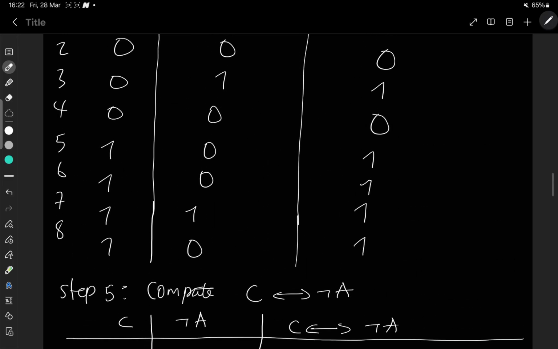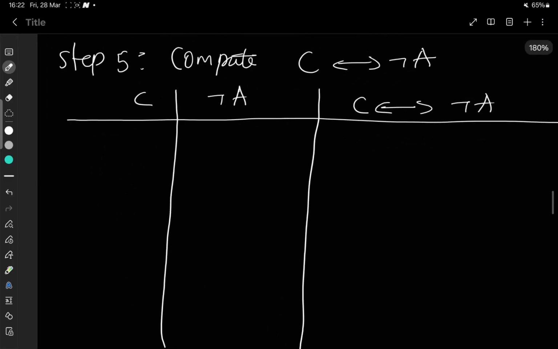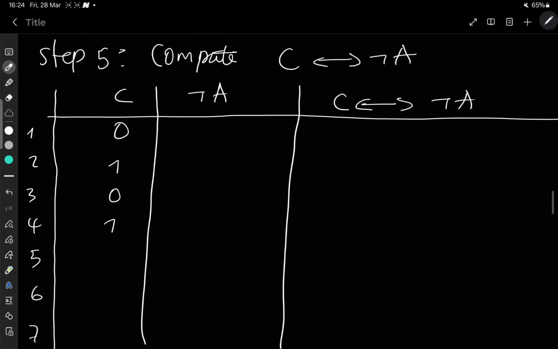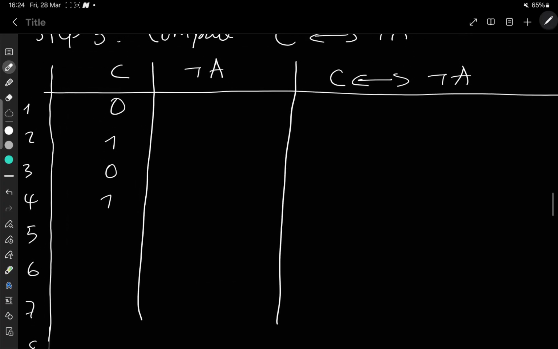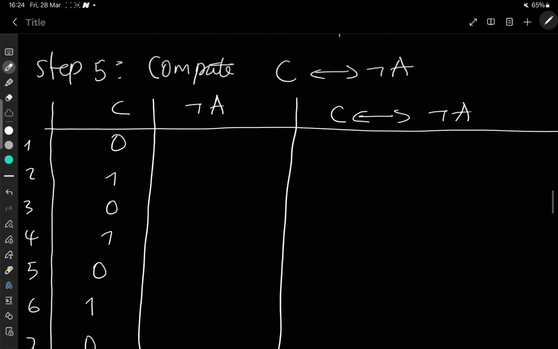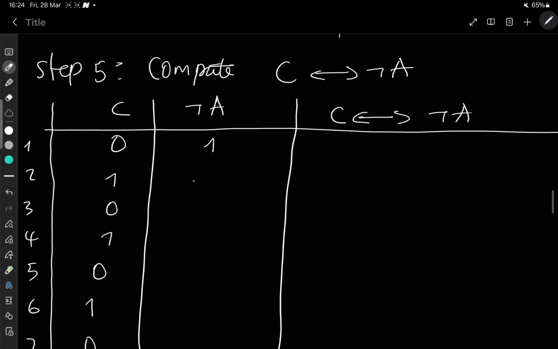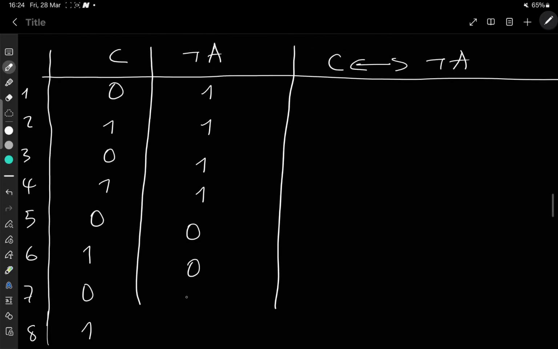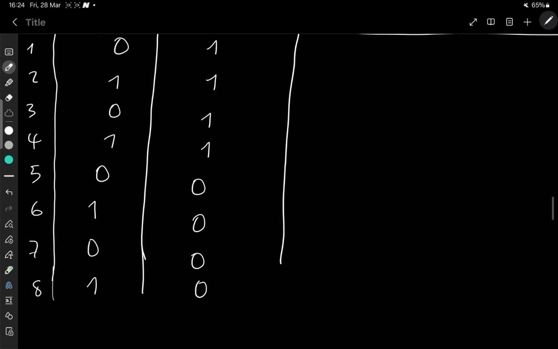Already from our previous step, we have obtained C to be 0 1 0 1. So we have from 4 1, then 5 is 0, 6 is 1, 7 is 0, and then 8 is 1. The negation of A was obtained to be 1 1 1 1, and then 0 0 0 0.